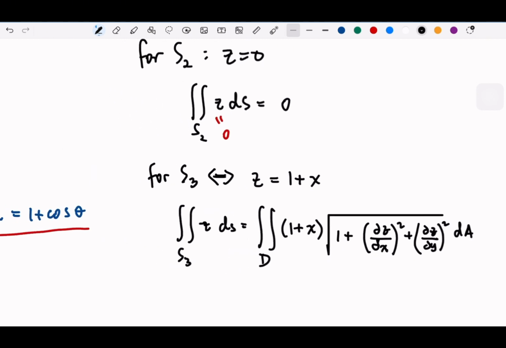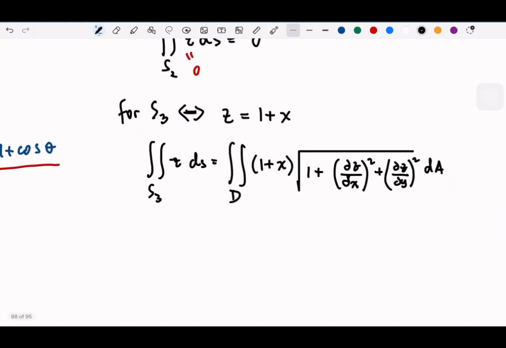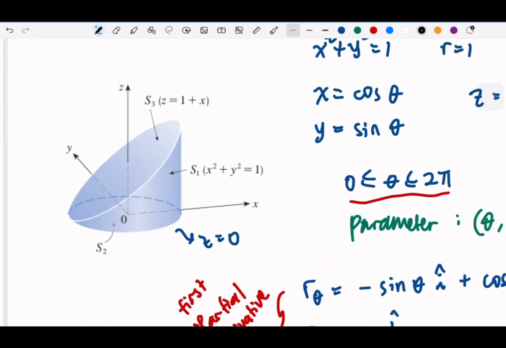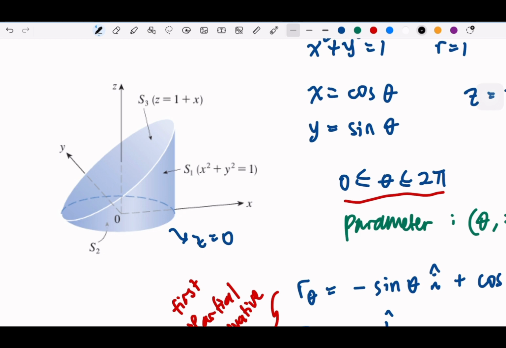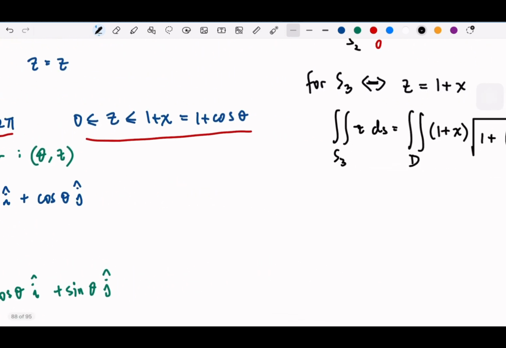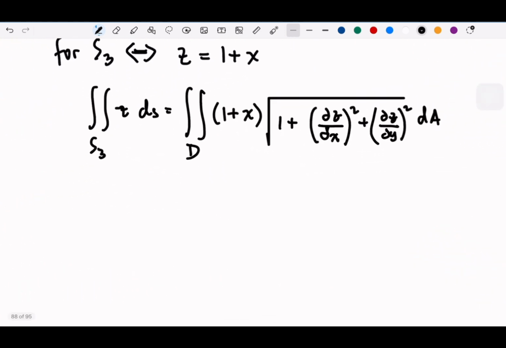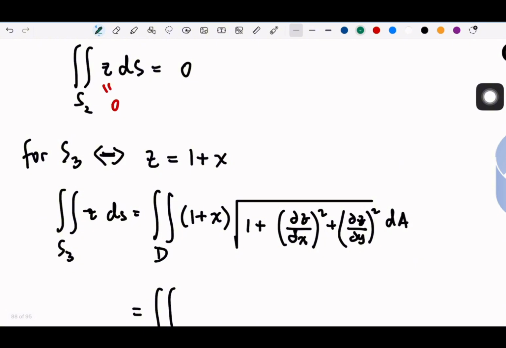And remember now, for this S3, we can convert the double integrals into polar nicely, because we take this as our z, and then this area will be our region for integration. From x squared plus y squared equals 1, we know theta is from 0 to 2 pi, and r will be from 0 to 1.